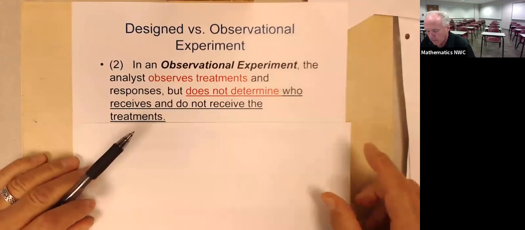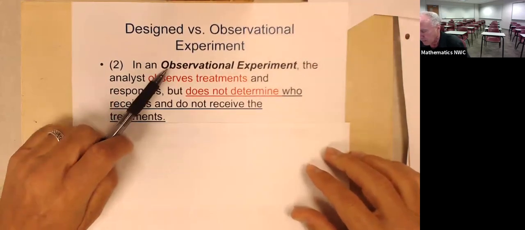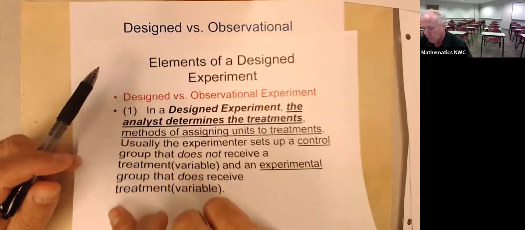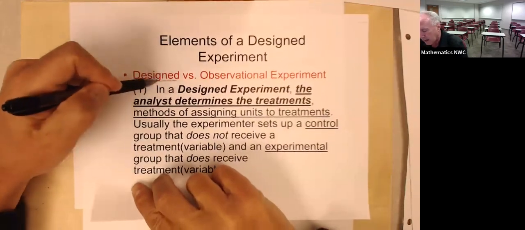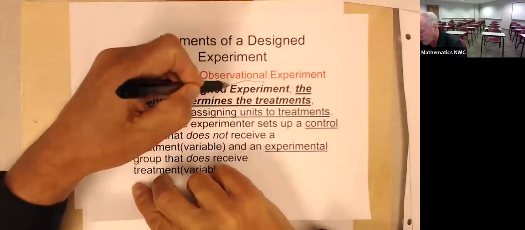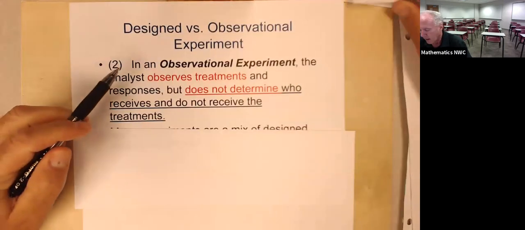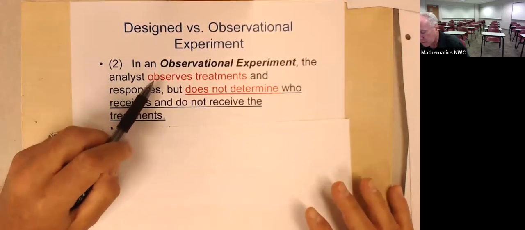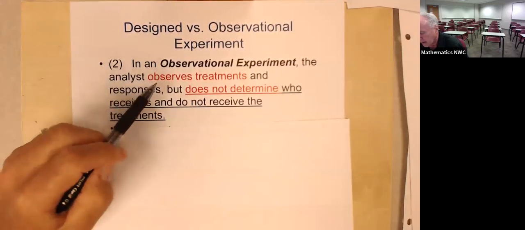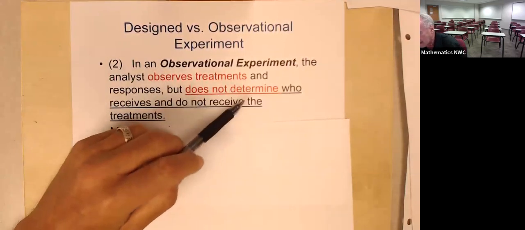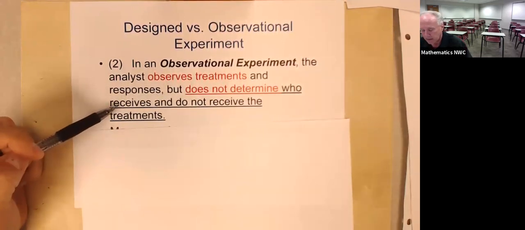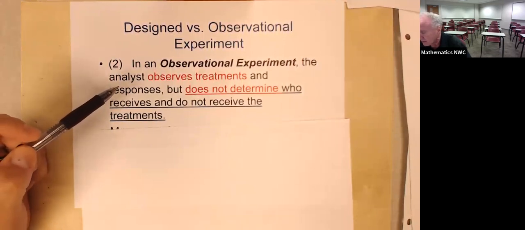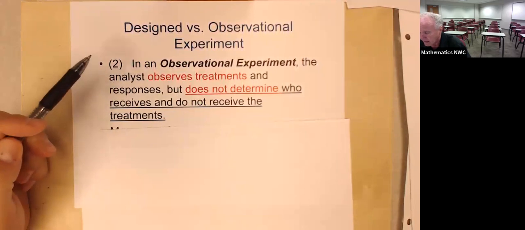The second type was the observational. Remember on the previous slide, we had designed as one type, observational the other. Well, in an observational experiment, the analyst just observes treatments. The analyst does not determine who gets the treatment. This would be more like if somebody decided to take a drug versus people that did not.